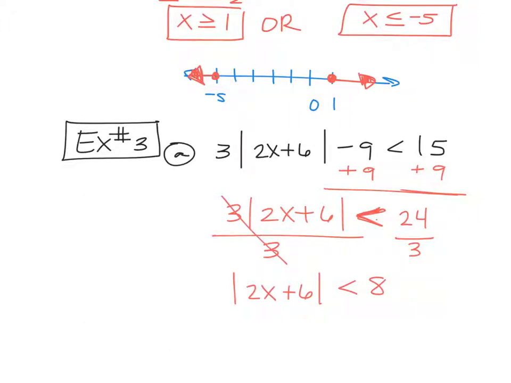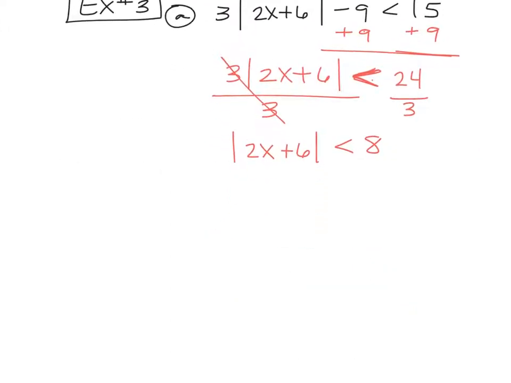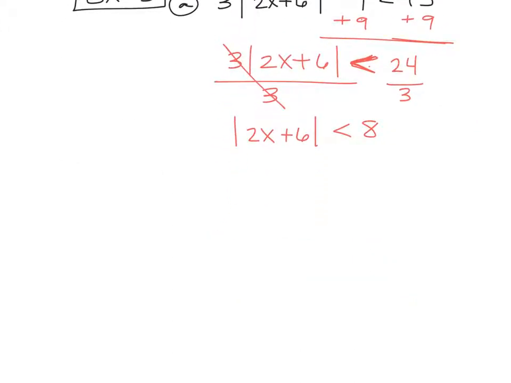Is this an and or an or problem? And, less than, right? This is an and problem. Okay, so you're going to set up your 2 inequalities. Take away the absolute value. 2x plus 6 is less than 8. And 2x plus 6 is greater than negative 8. Solve those.